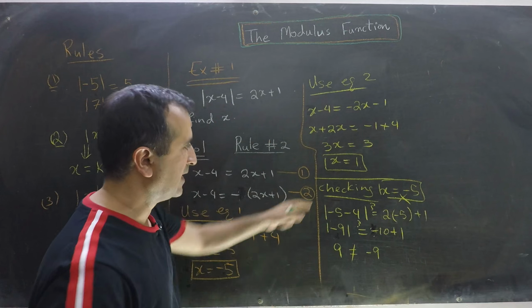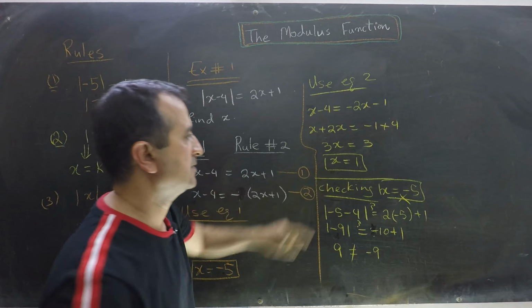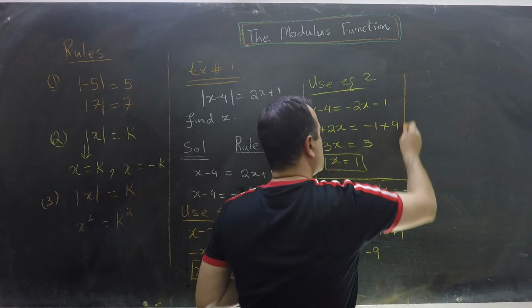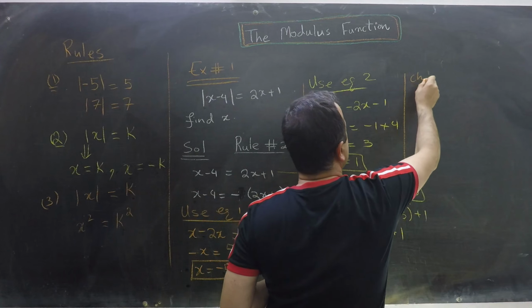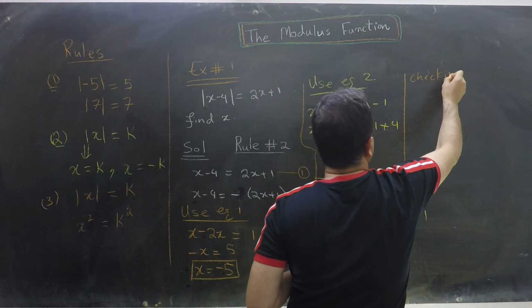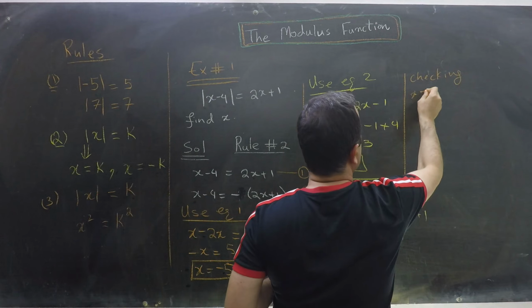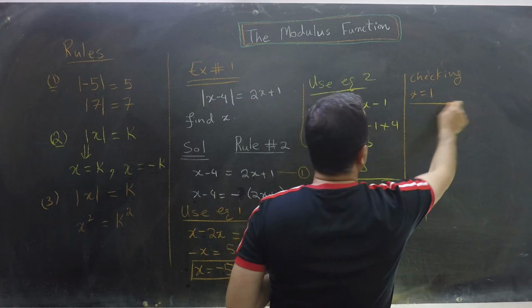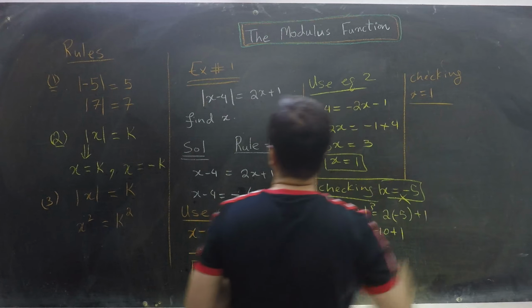Now let's check the second possible value of x. Now I'm checking x equal to 1. I put x equal to 1 in my original equation. Mod of 1 minus 4 is equal to 2 times 1 plus 1. This is equal to mod of minus 3 equals 3.